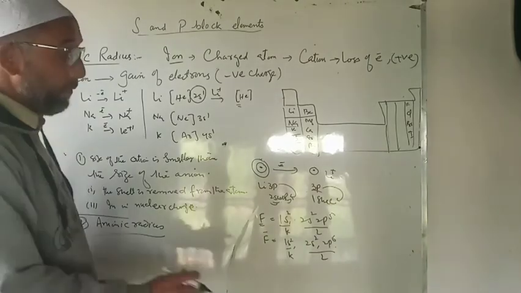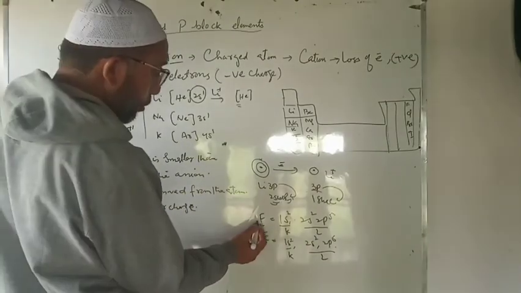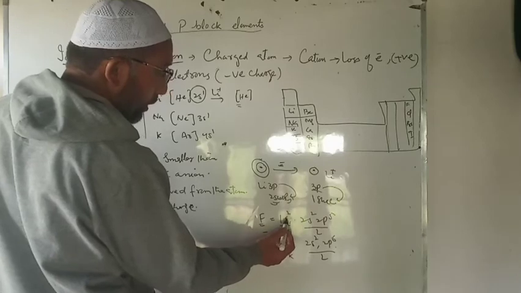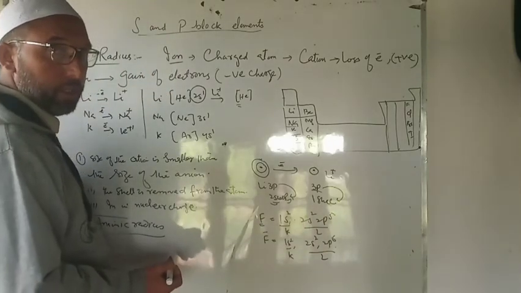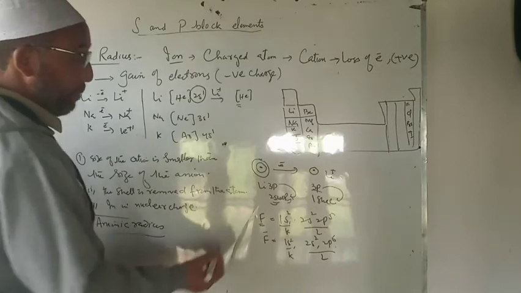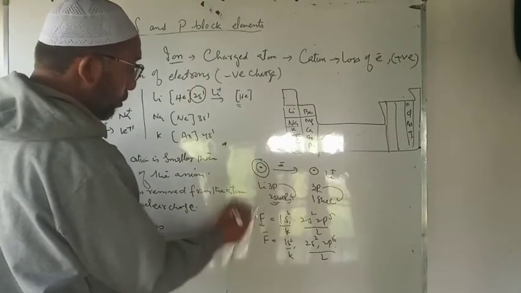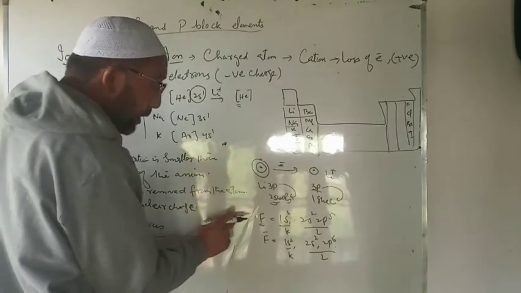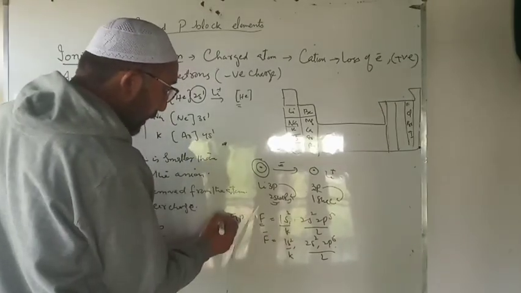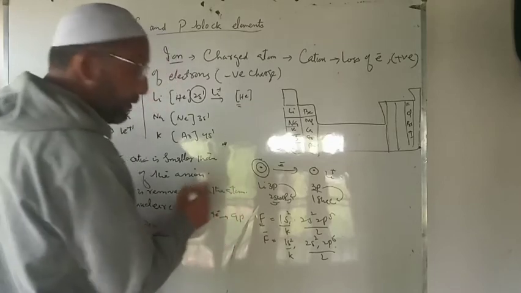But one thing we observe, that in case of fluorine atom, neutral fluorine, there are 9 electrons, and at the same time there will be 9 protons. And these 9 protons will be present in the nucleus. That means 9 protons are attracting 9 electrons towards themselves.